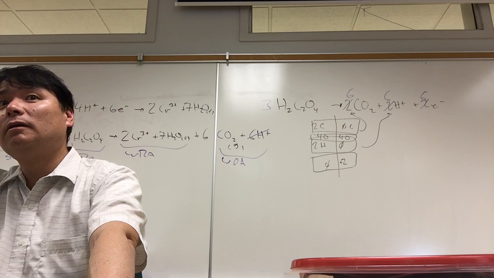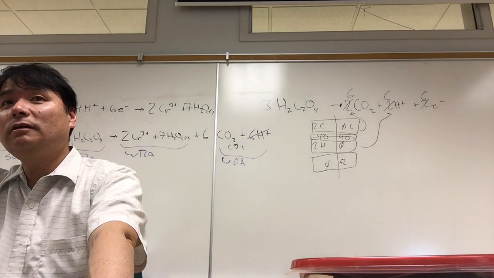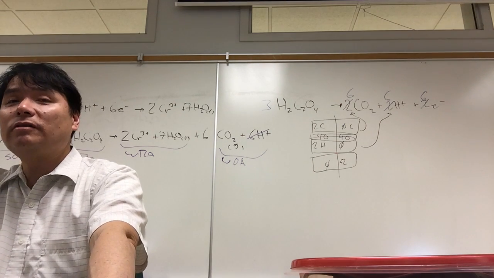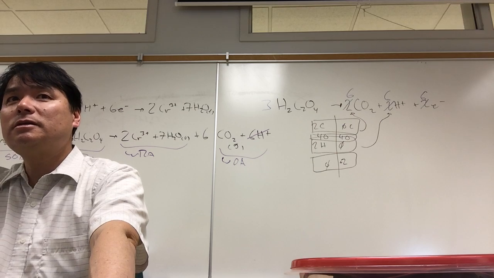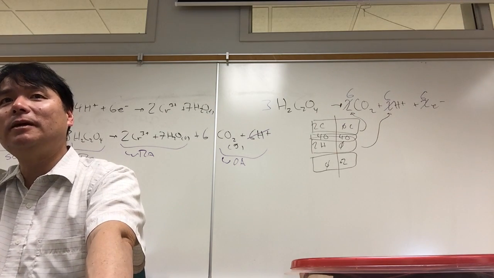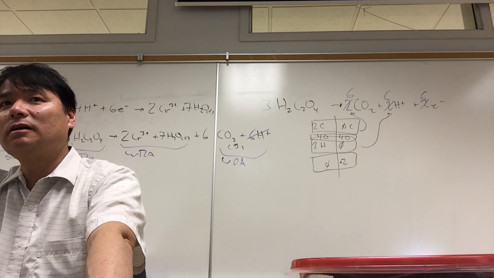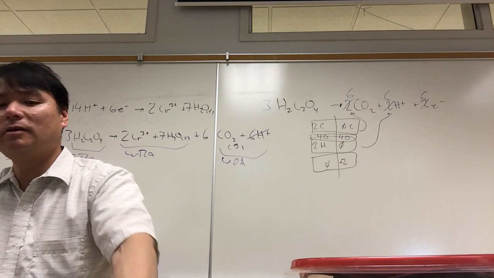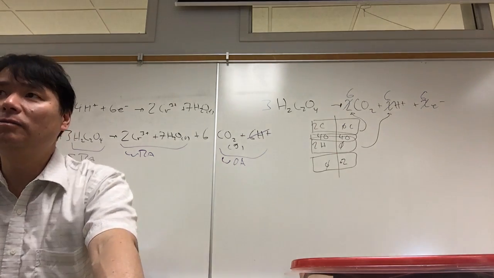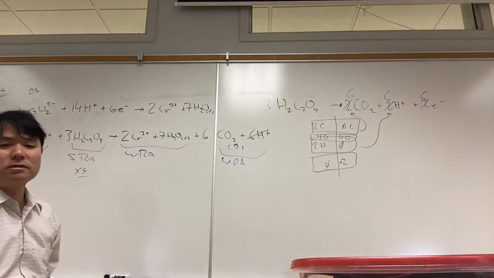Filter it. You filtered it? That gets rid of a lot of it, but not all of it. Because some residue might be stuck on the surface of the barium sulfate crystals. So how did you get rid of it? You rinsed it, right? You rinsed off the crystals. That's correct.